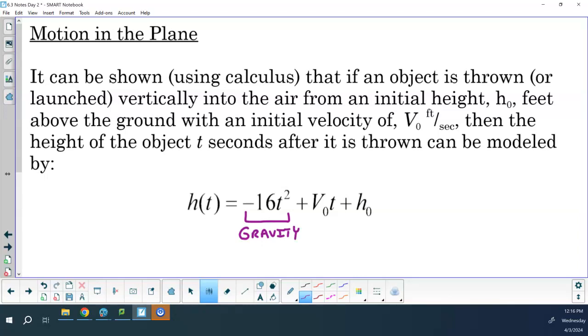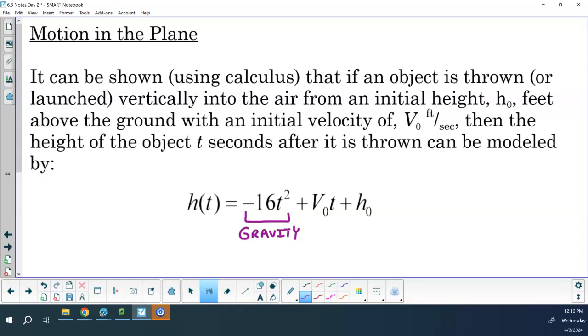Now, you people that are in physics are probably used to negative 9.8, but that's meters per second. We're dealing with feet here. We haven't gotten into the rest of the world in their crazy metric system. We're still on the English feet system. So that part's gravity.